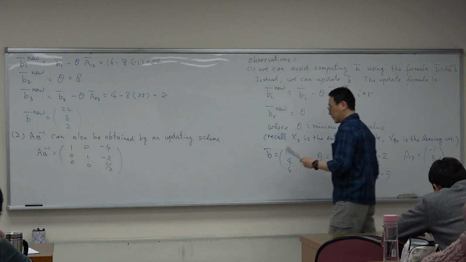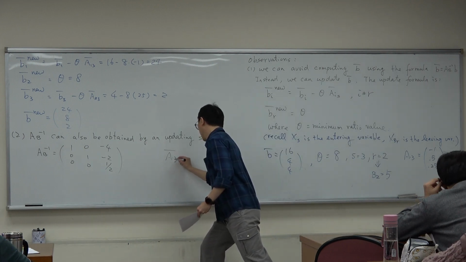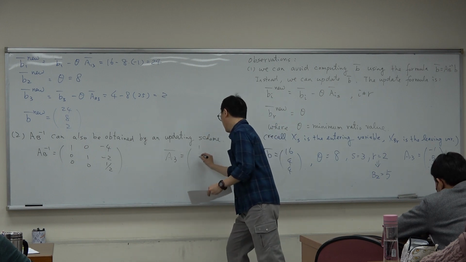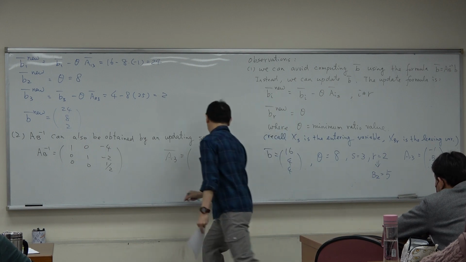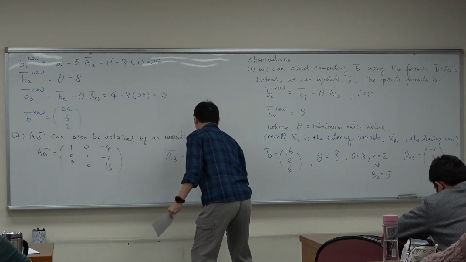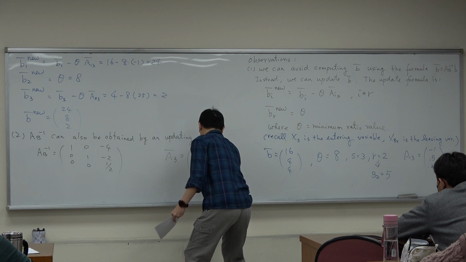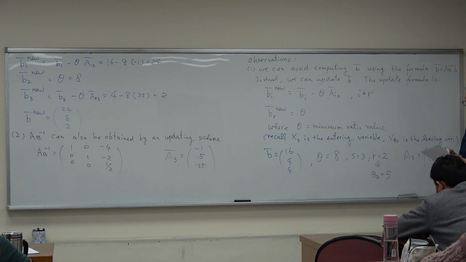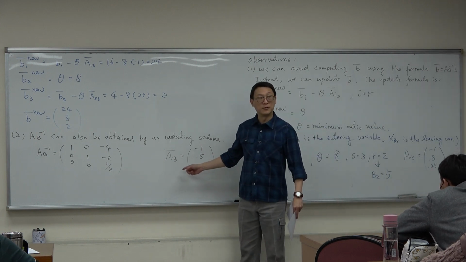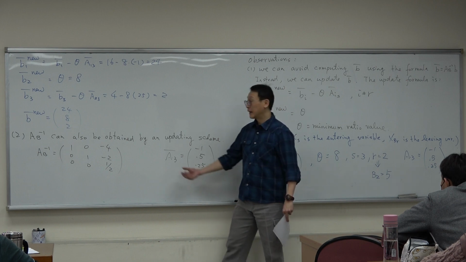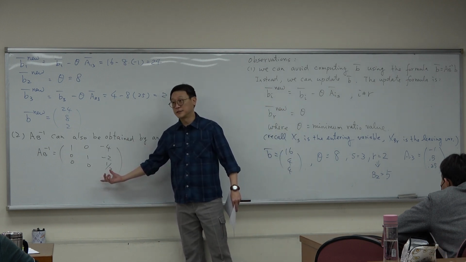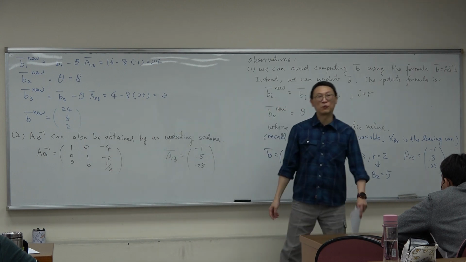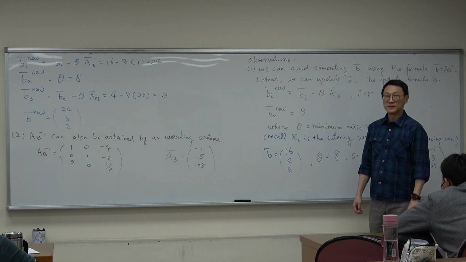And we have A dot 3 in the iteration. X3 is the entering variable. And our AB inverse is like this. So the next thing is that we do the Gaussian elimination.